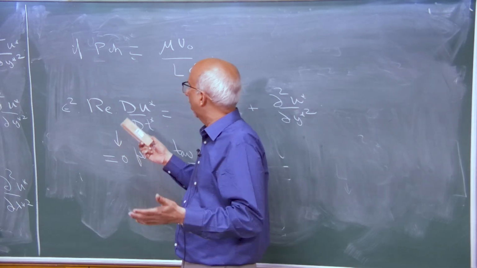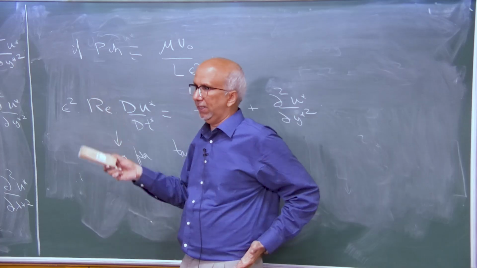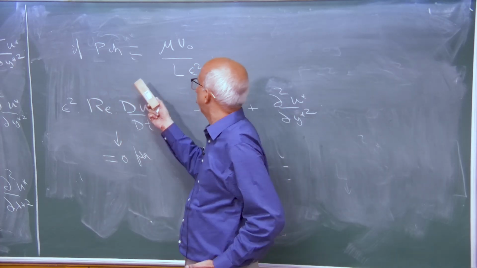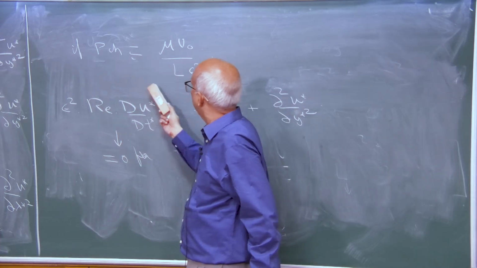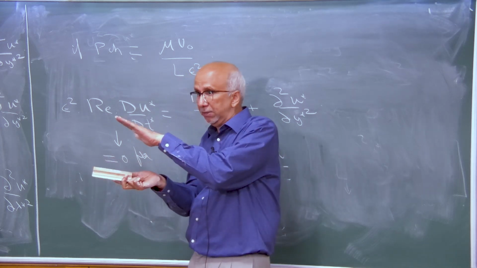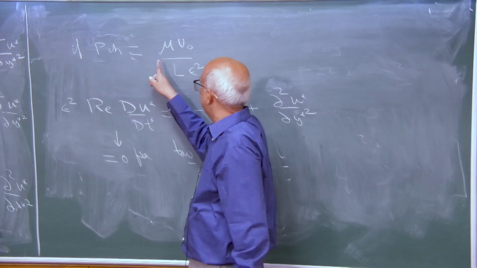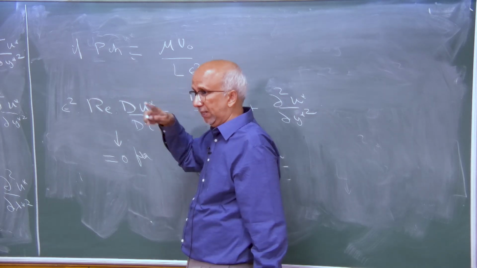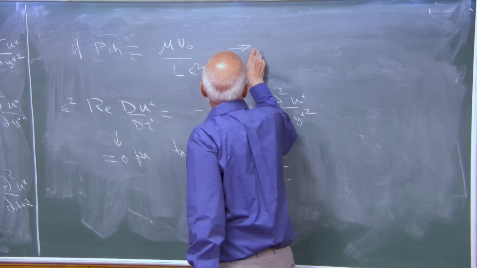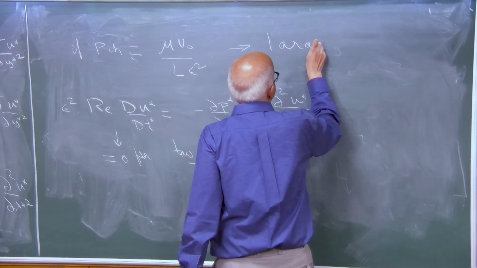I wanted to do this scaling analysis to just show you that the small gap between the plates, and the difference in the length scales, gives rise to a large pressure.